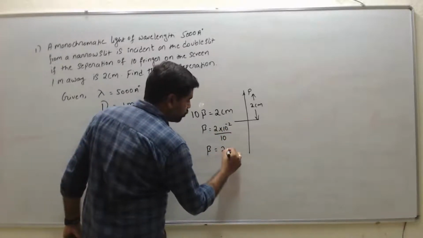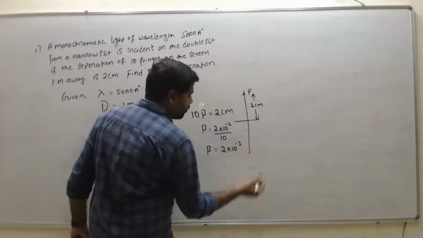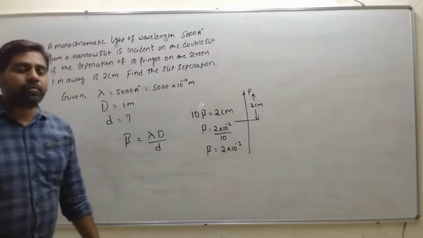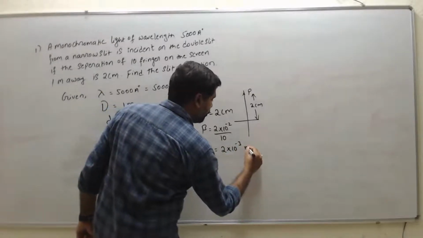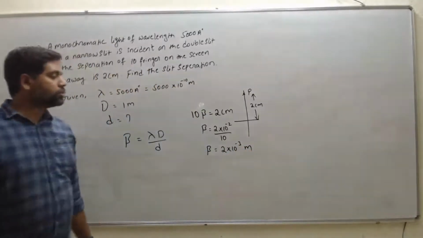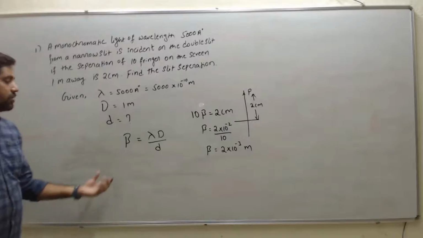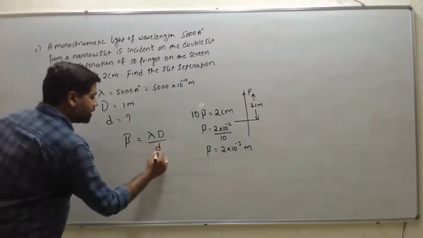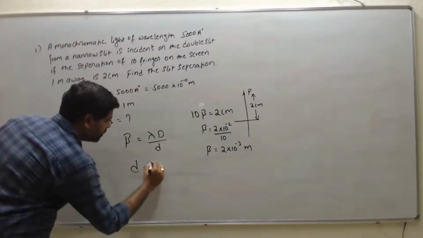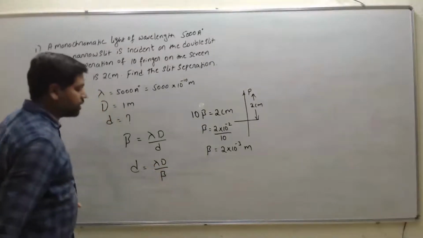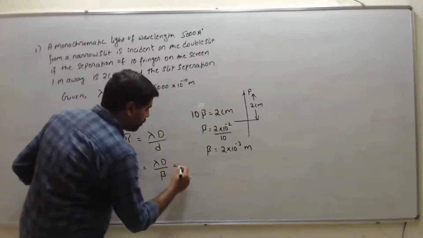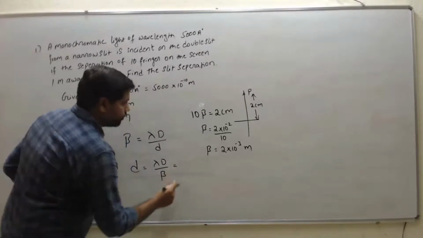Beta is equal to 2 into 10 to the power of minus 3 meter. Now substitute here, we get d. So d is equal to lambda D divided by beta. We know the value of lambda.